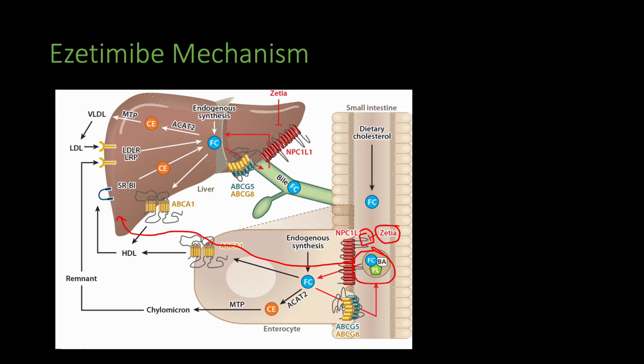So you're going to see more of the LDL receptors going up at the top of the liver to compensate for the loss here. Overall, it's going to decrease the LDL cholesterol levels in the plasma. So that's what's going to happen here.